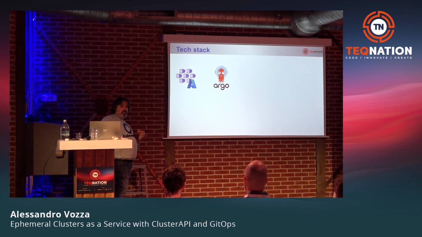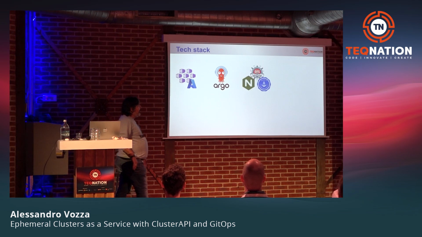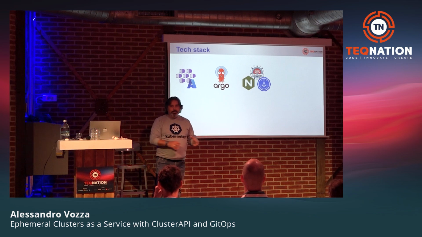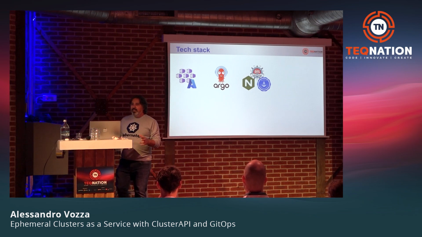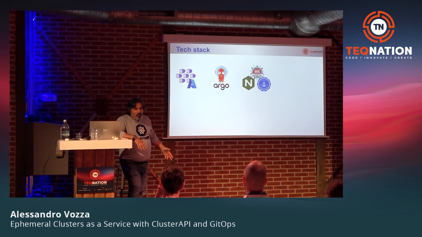ArgoCD is the brain of all this. Without ArgoCD, we would not be able to do stuff automatically. Of course, the trifecta of Kubernetes networking, you know where they are: Cert Manager, External DNS, and Ingress Nginx. I might have used Istio.